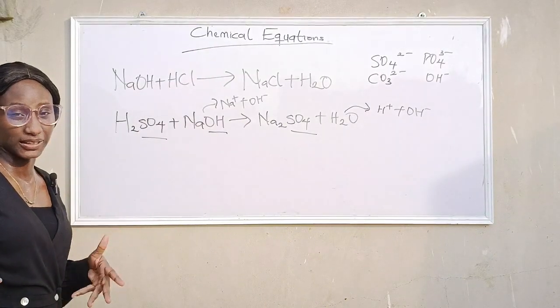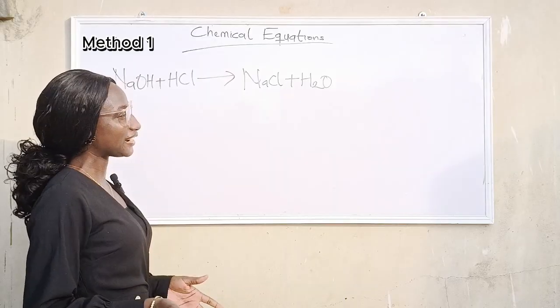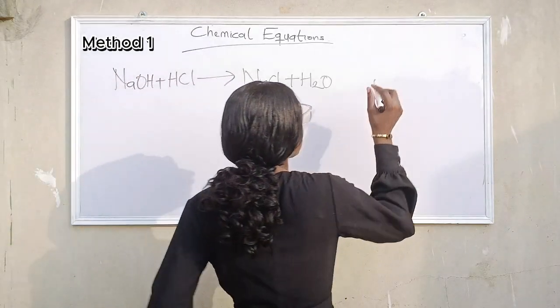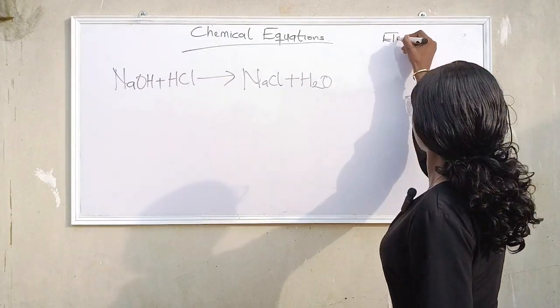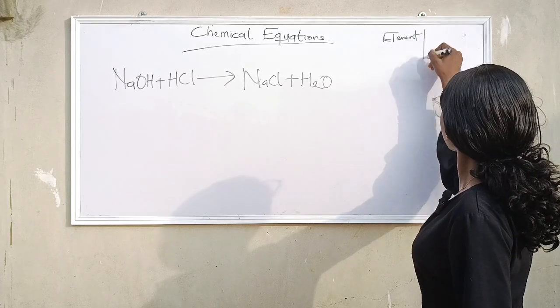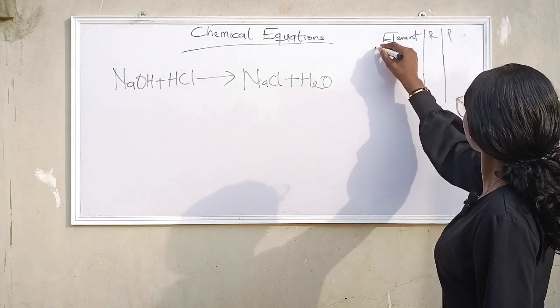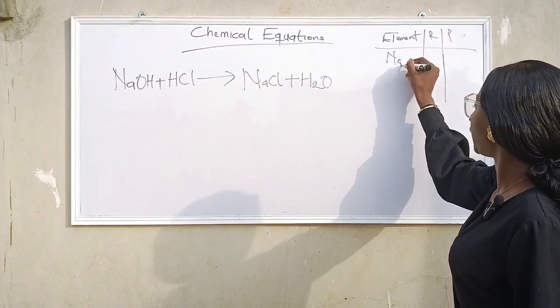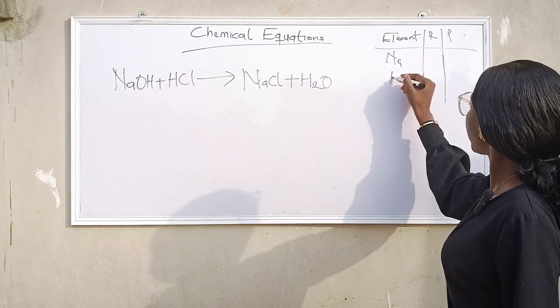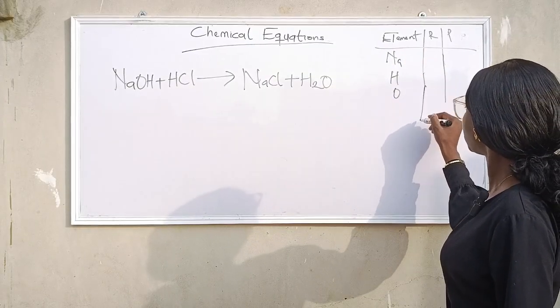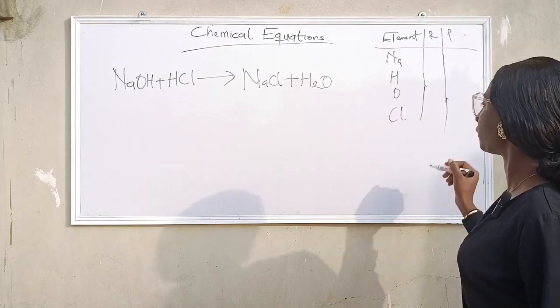But even if you do that, you still get the answer. What are the elements we have? Let's write it. Element. We have Na, we have H, O, Cl.